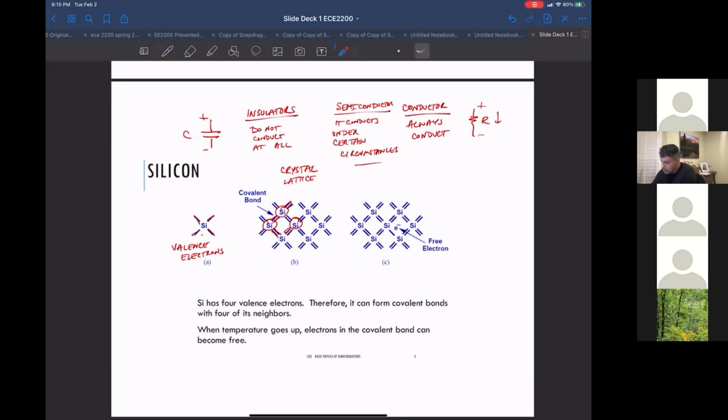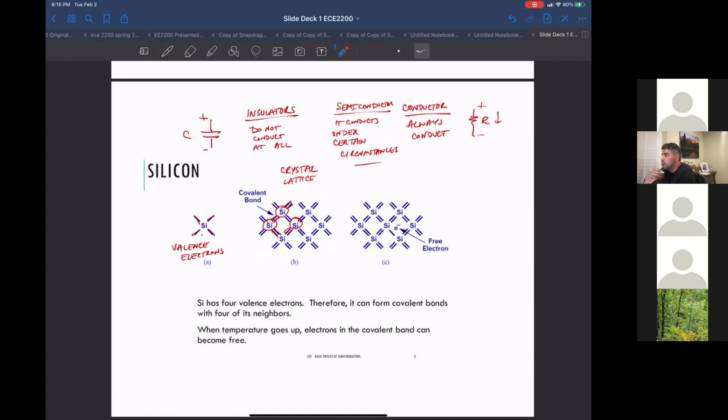Okay, so what are those circumstances? When you look at this case, you don't have any conduction here, right? There's nothing to conduct. Remember, conduction happens with electrons. An insulator has no free electrons in it.